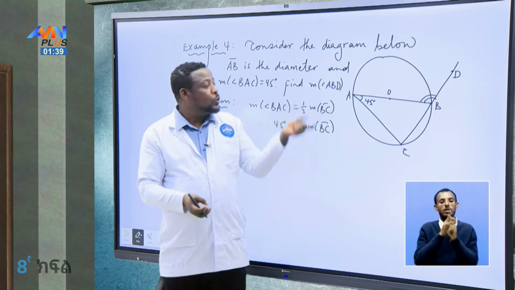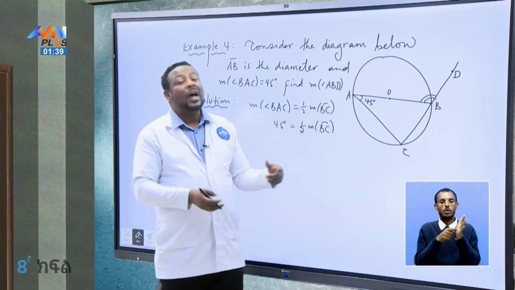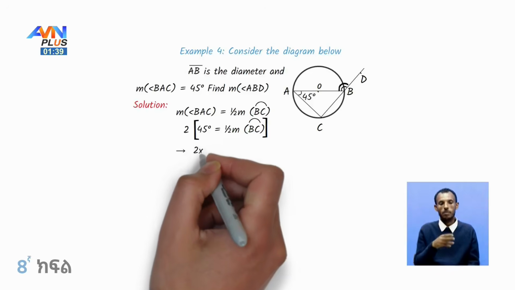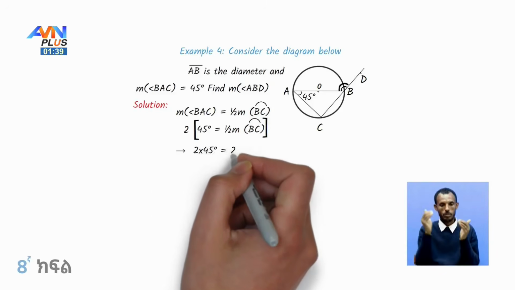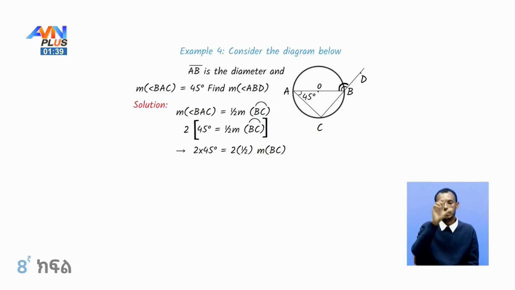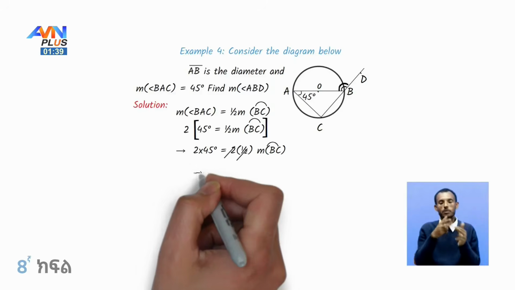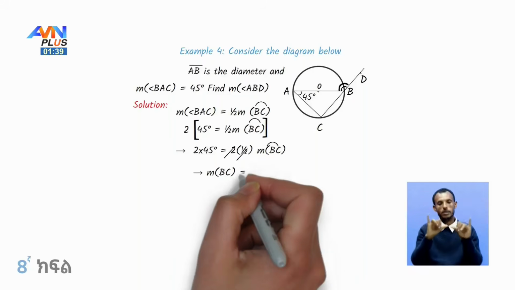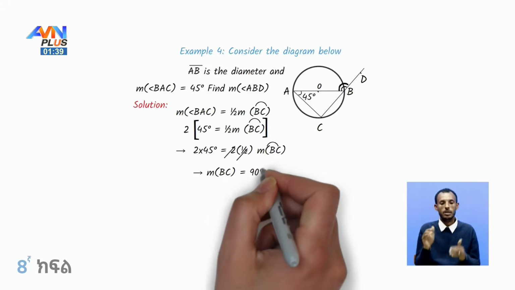So multiplying both sides by 2, 2 times 45 degrees is equal to 2 times 1 over 2 times the measure of arc BC. Now this can be cancelled out. 2 times 45 is 90 degrees. So the degree measure of arc BC is 90 degrees.